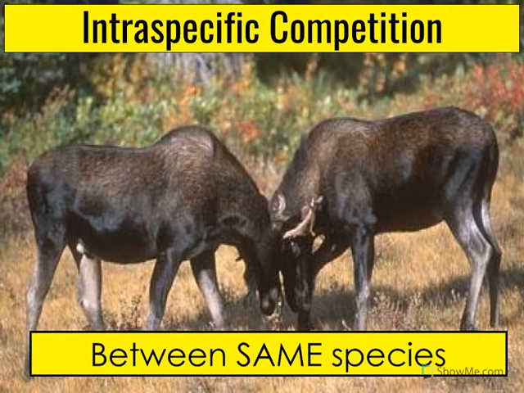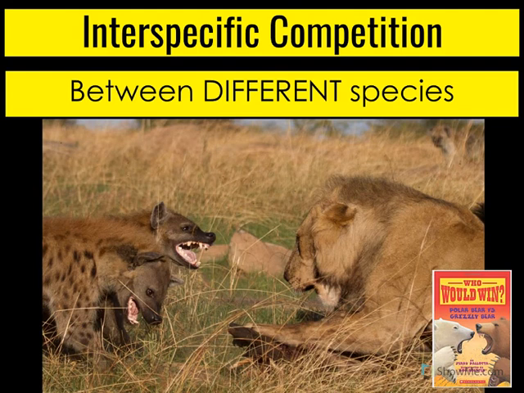So we have different types of competition. We have intraspecific competition, which is the competition between the same type of species. So these might be males that are competing, maybe they're fighting for a female to reproduce with, but to remember this, intra has an A, same with A, same species, same intra.